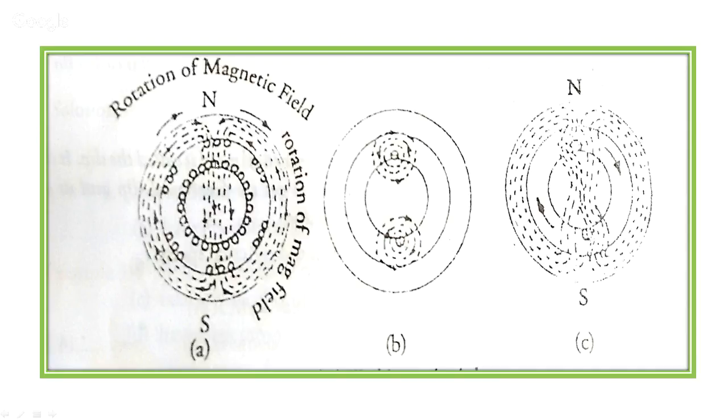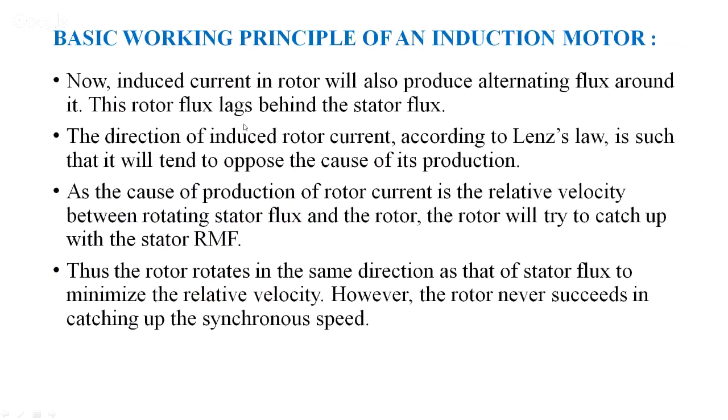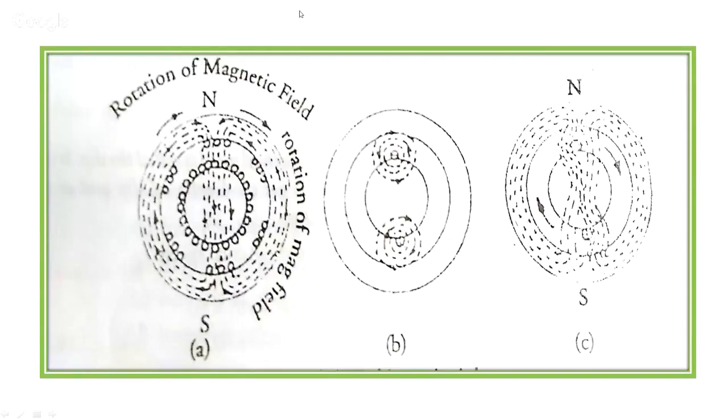Now these magnetic lines of force or the magnetic flux, since this magnetic field is rotating in nature, when it cuts across the rotor conductors, an EMF is going to be induced in the rotor conductors. Since the rotor conductors form a closed path, an induced current is going to flow through the rotor conductors.